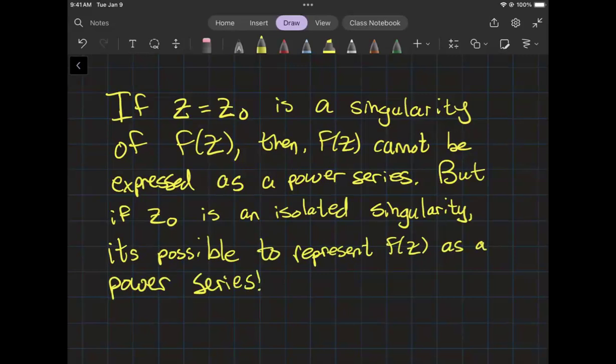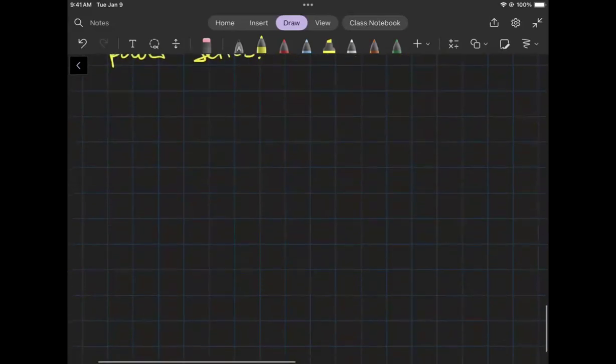Okay, so if your singularities are isolated, it is possible to express an analytic function as a power series. And so here is what a Laurent series is.